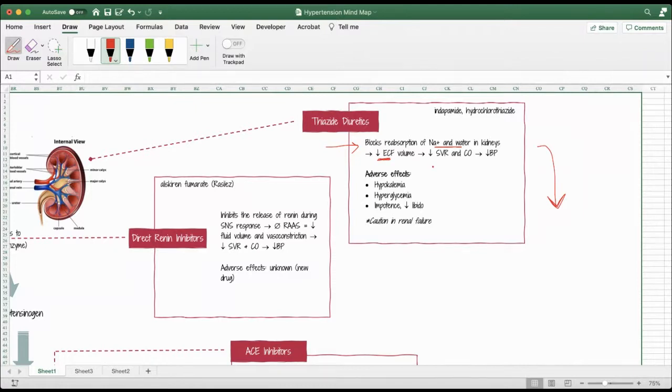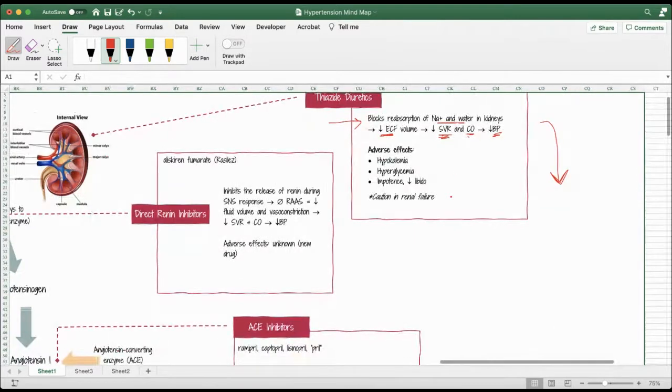And I wrote in exactly how it affects systemic vascular resistance and cardiac output for each of the meds, so you can see the path and why that med works for us, particularly for hypertension. Lower fluid volume means lower SVR, lower cardiac output, and it results in a lower blood pressure.